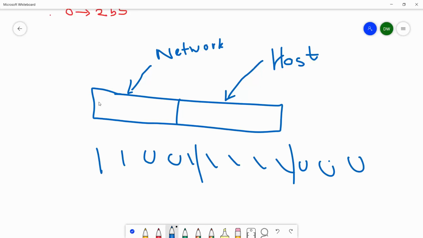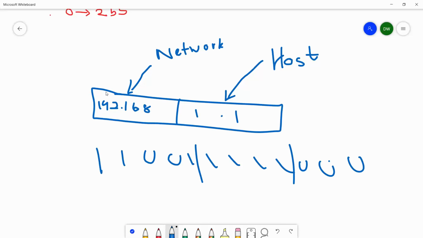For example, let's say 192.168, and let's say this side, something like this. So I have an IP address with four sections, and two sections belong to the network side, and another two sections belong to the host side, right?